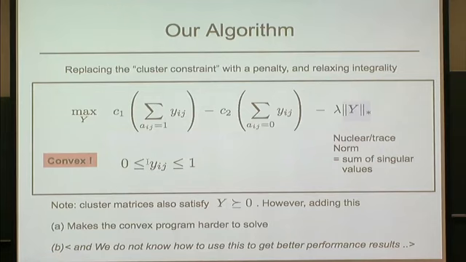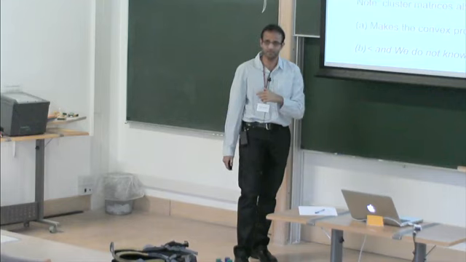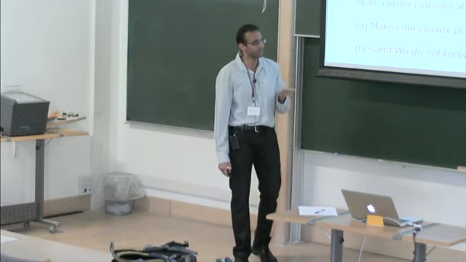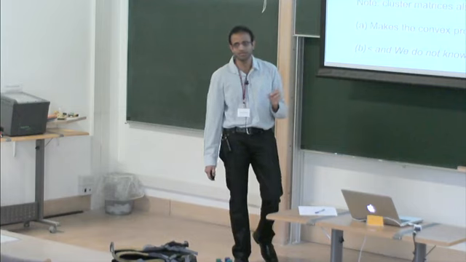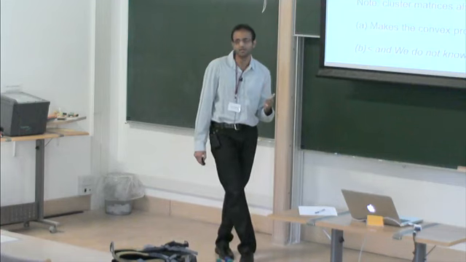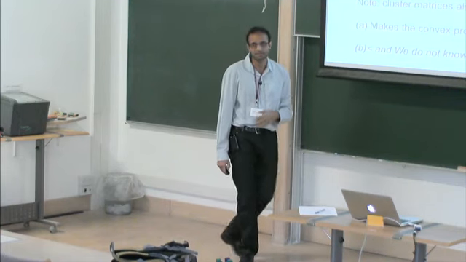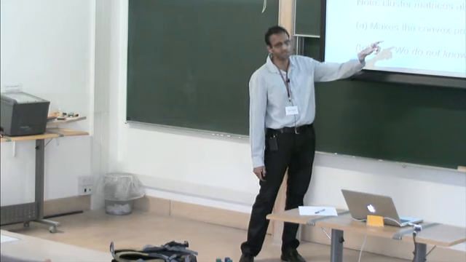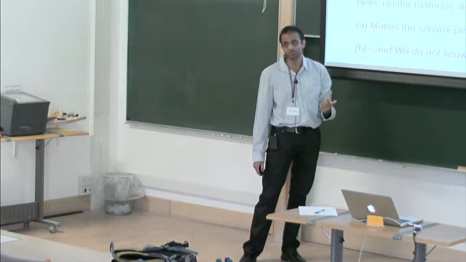But that's not the real reason. The real reason is that even if you do impose them, we don't get better performance results. In fact, the same convex program with these extra conditions has been analyzed by another group, and they could not get the same guarantees. So it seems hard to use those analytically. And the positive definite constraint will definitely make the convex program harder to solve.